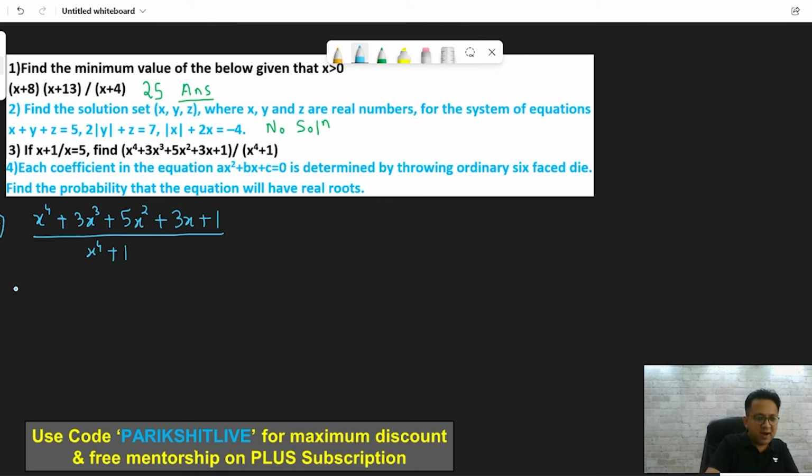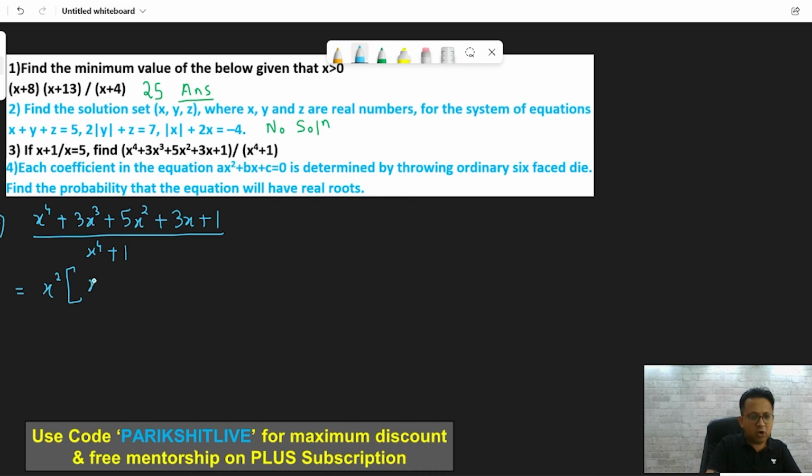Let's try to put it. I need denominators, which are missing in the question, so I can take x square common.